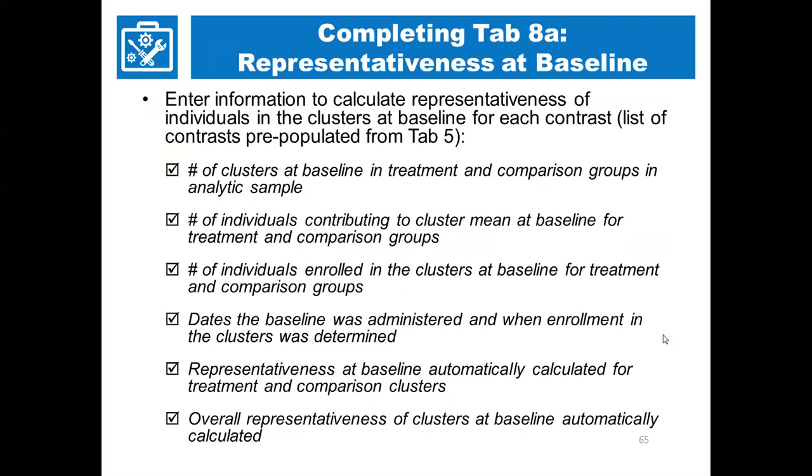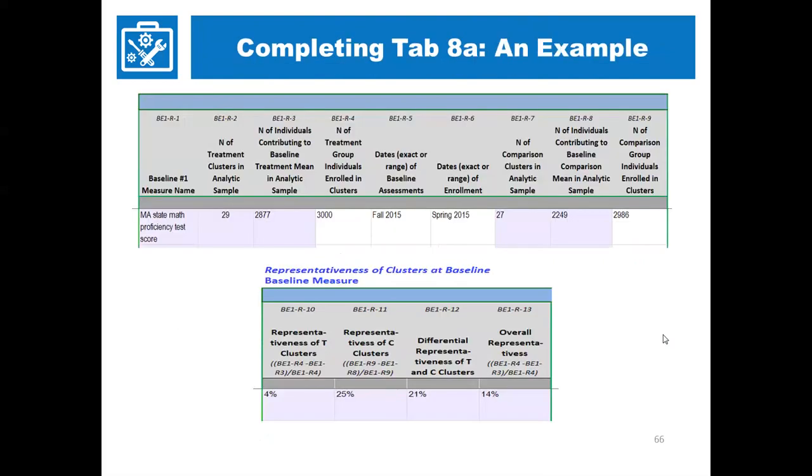This is the same information that you enter on tab 6A, and I can show you this in the example, completed tab. So in this example, representativeness at baseline is calculated for one contrast. There are 3 sample sizes that you need to enter for the treatment group and the comparison group. These are not pre-populated. You need to enter them yourself.